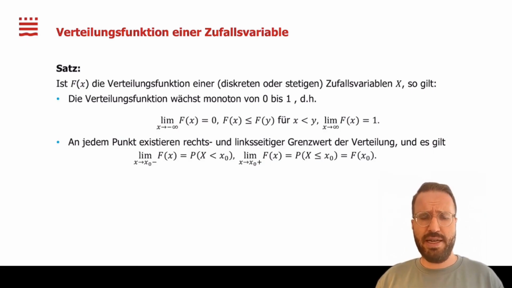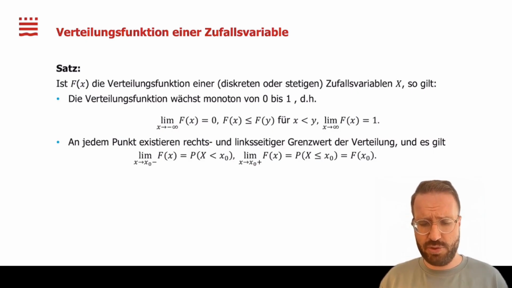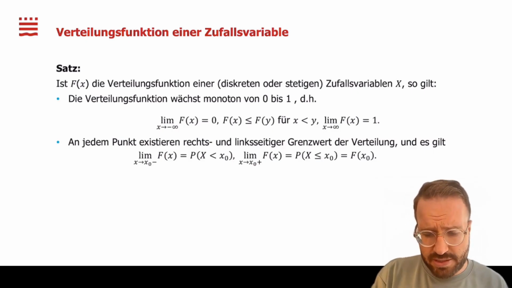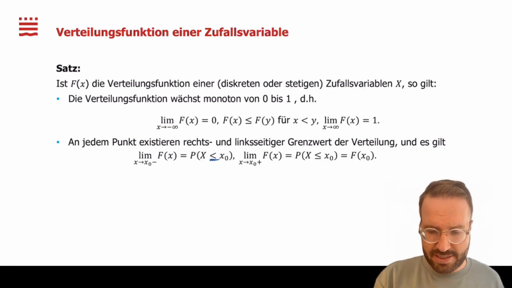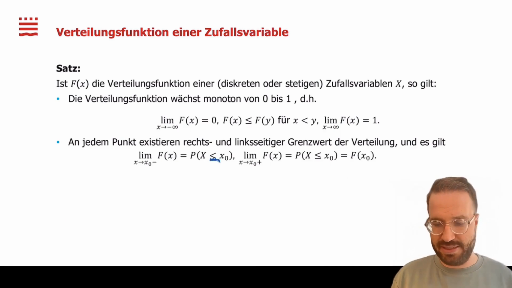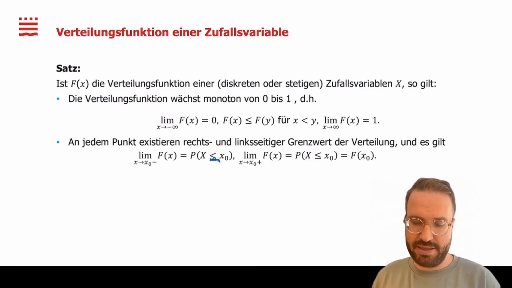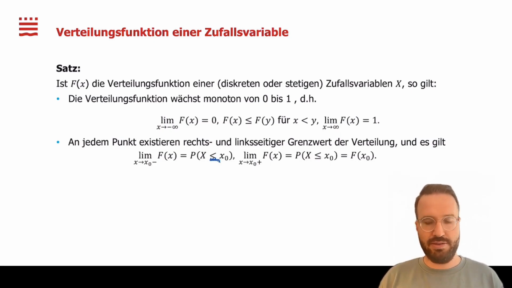First, the left-hand limit. This is almost the value at this point, so F of x0, only we do not have an equality sign here. So it is the value for less than x0, and from the other side, it is the value less than or equal to x0. That is new.